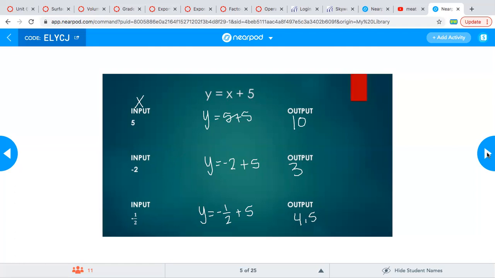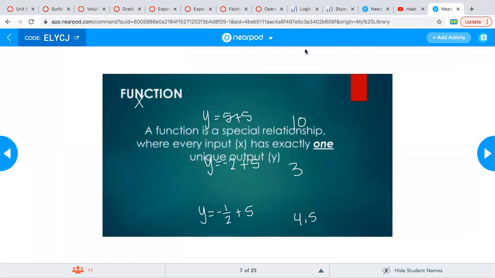That brings us to our definition of a function. This is what we're going to be working with all day. This is what you need to solidify in your brain.